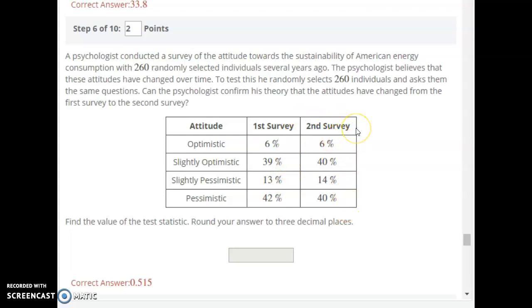And then you might put them into your calculator, which at least in the TI 83 and 84, there's a chi-squared test that you can run. However, when you multiply some of these numbers by 260, you could get decimals. You will get decimals. And the chi-squared test, at least on the calculators that I've seen, does not allow you to put in decimals. So what do?